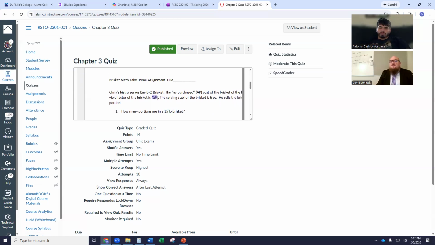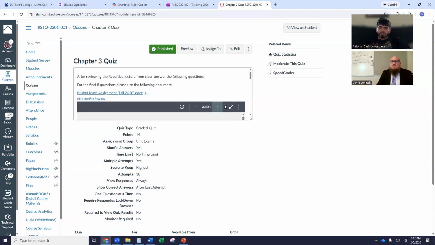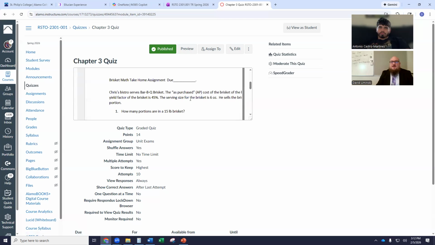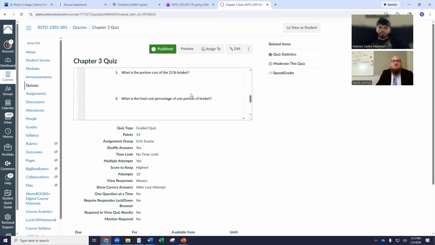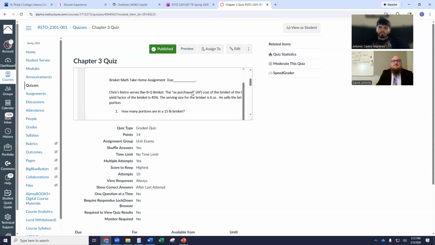We also have a 45% yield. The serving size is still 6 ounces. And it'll tell you how much the price per pound is. So same formulas, just different numbers.